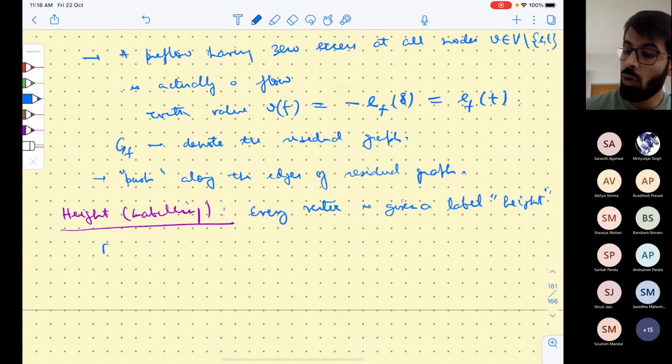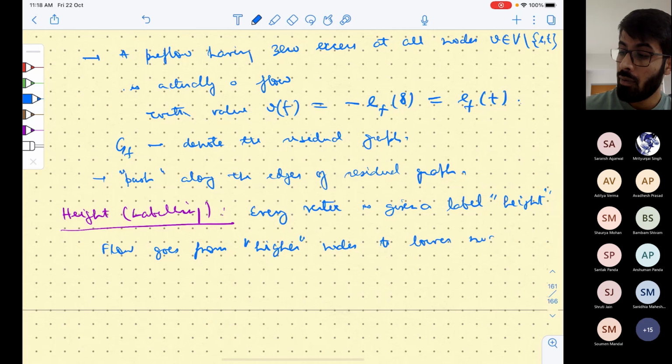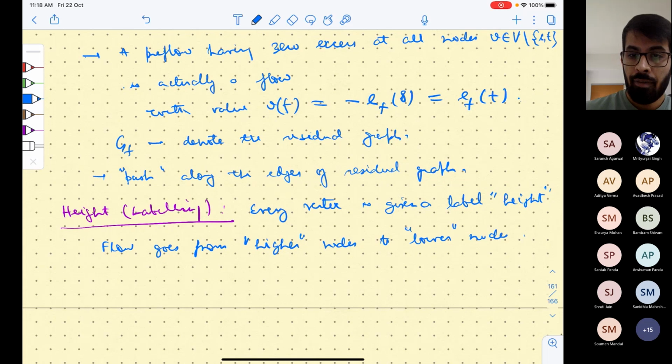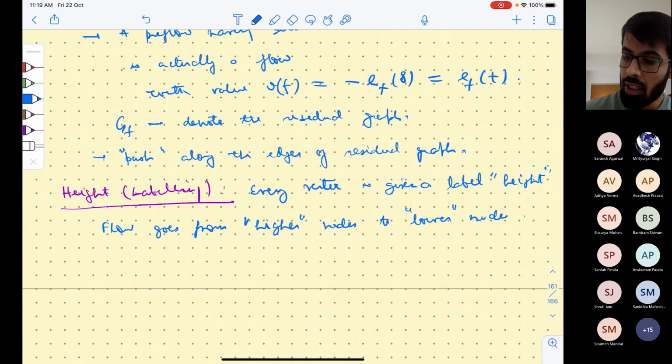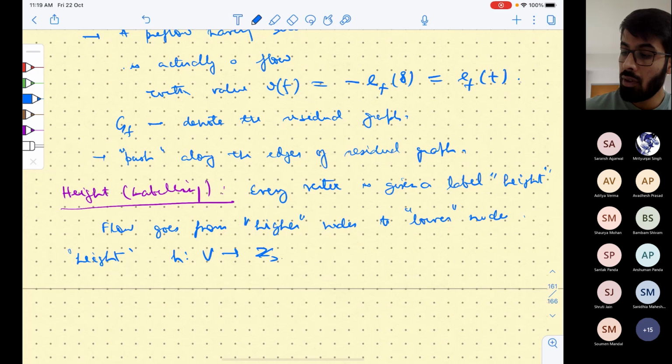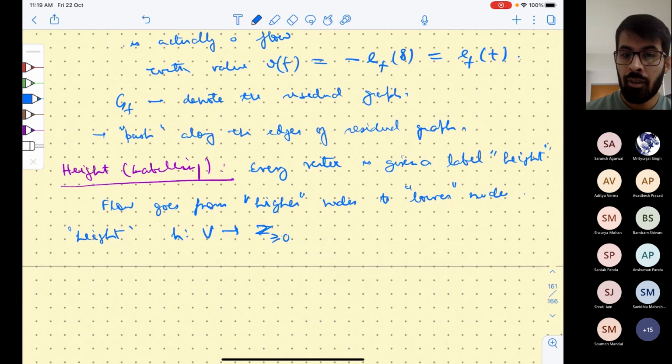And the flow will go from higher nodes to lower nodes by this height parameter, right? So what is this height? Height is the labeling h from the vertex set to the non-negative integers, right?